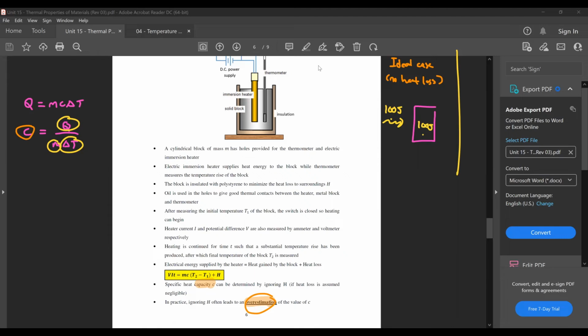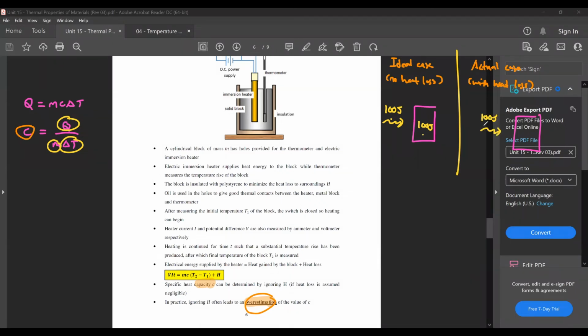But if you consider the real case, the actual case, with heat loss, you still have the same block, and say the same amount of energy supplied by your heater.